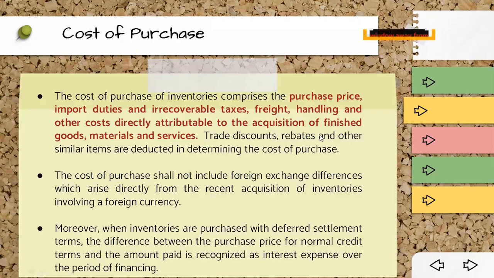So, trade discounts, rebates, and other similar items are deducted in determining the cost of purchase. So, the cost of purchase shall not include, take note, foreign exchange differences, which arise directly from the recent acquisition of inventories involving foreign currency. Like, for example, nag-import ka ng goods in Indonesia.